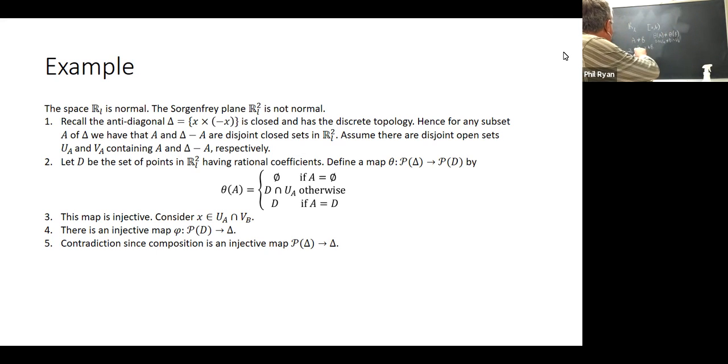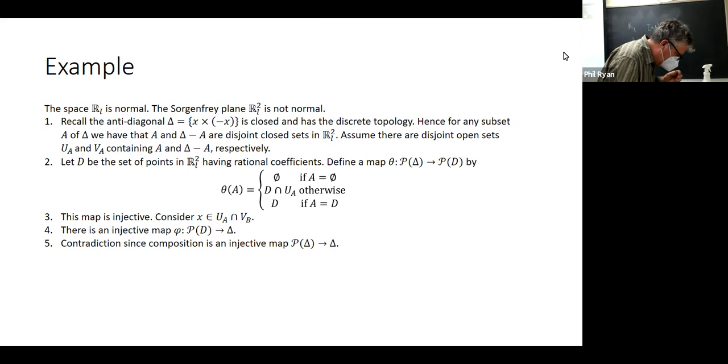So since X is in A and X is in B, X is in U of A intersected with U of B. This set here must contain points of D. There must be points of D that lie in this set, because this set is open and non-empty, and D is dense within the plane.